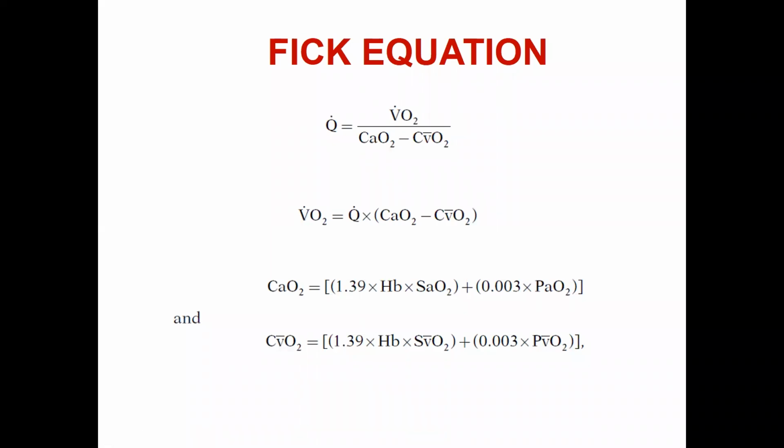Now, while I'm saying that, let's look at the oxygen content equation, arterial and venous. One important parameter that you see here is the hemoglobin, as well as the oxygen saturation.